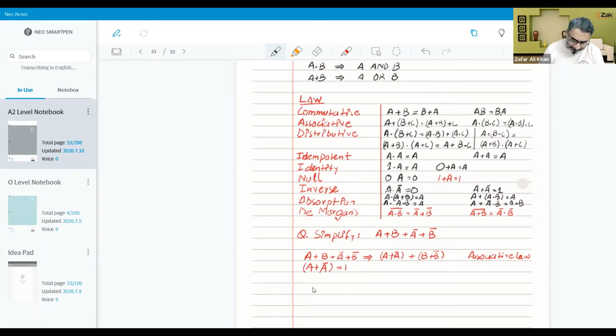And B plus B naught is equal to 1 as well. Which law have we applied? Inverse law. And therefore we have 1 plus 1, which is simply 1.